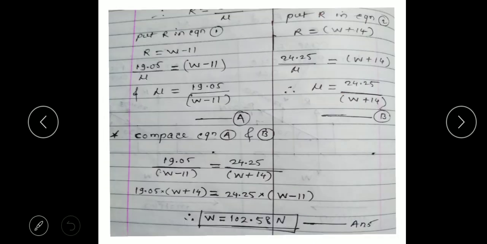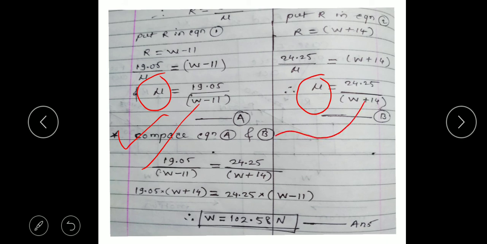Now the next case is to compare equation A and equation B. When we compare these, equation A is in the form of mu, equation B is also in the form of mu, both the terms are the same, so compare this, and then the final equation will be 19.05 divided by W minus 11 equal to 24.25 divided by W plus 14.